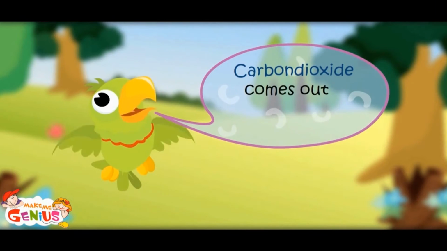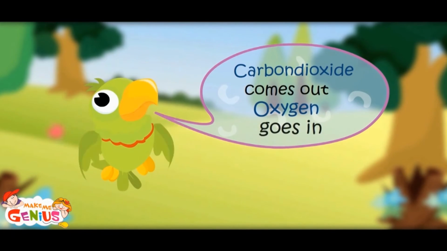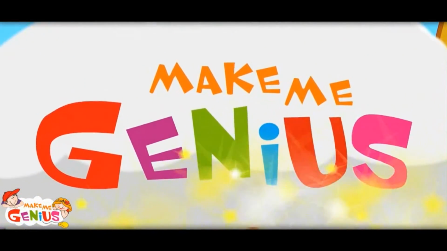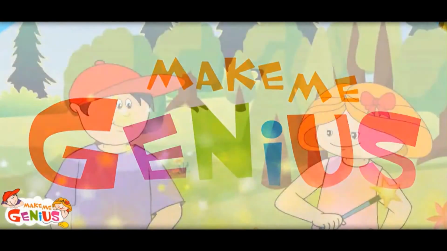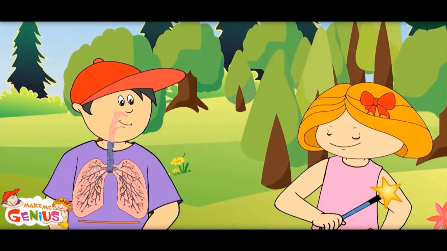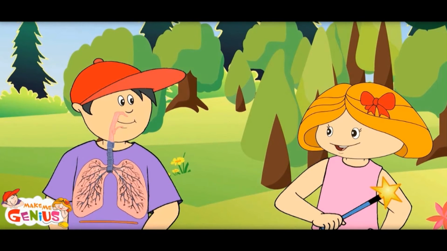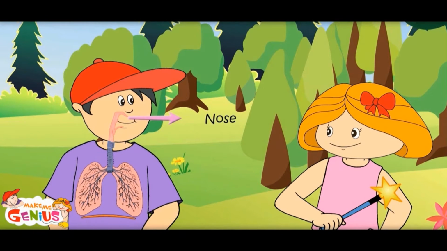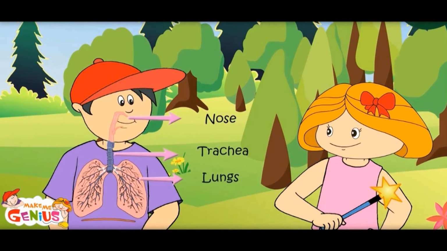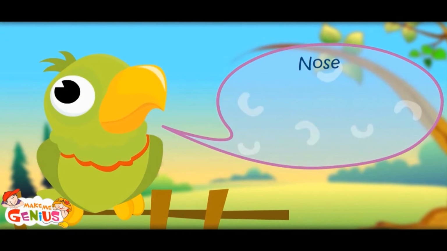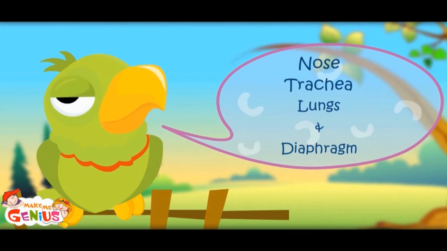Carbon dioxide comes out. Oxygen goes in. Let me show you how air goes and comes out of the body. Wow, I can see my body. Yeah, this system contains nose, trachea, lungs, and diaphragm. Nose, trachea, lungs, and diaphragm.